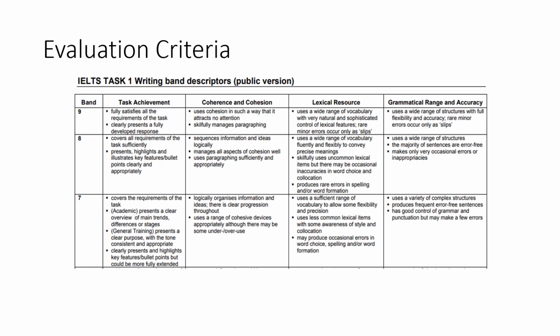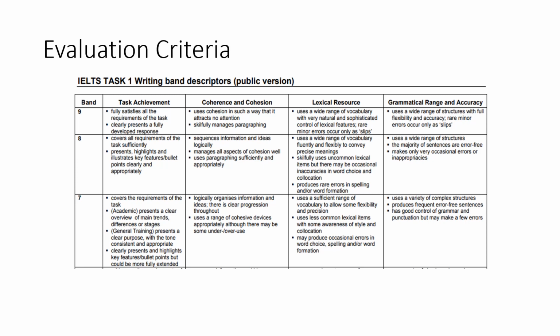When it says band 9, it says fully satisfies all the requirements of the task, clearly presents a fully developed response, which means you have done trending, you have drawn proper comparisons, as well as told about the highlights.